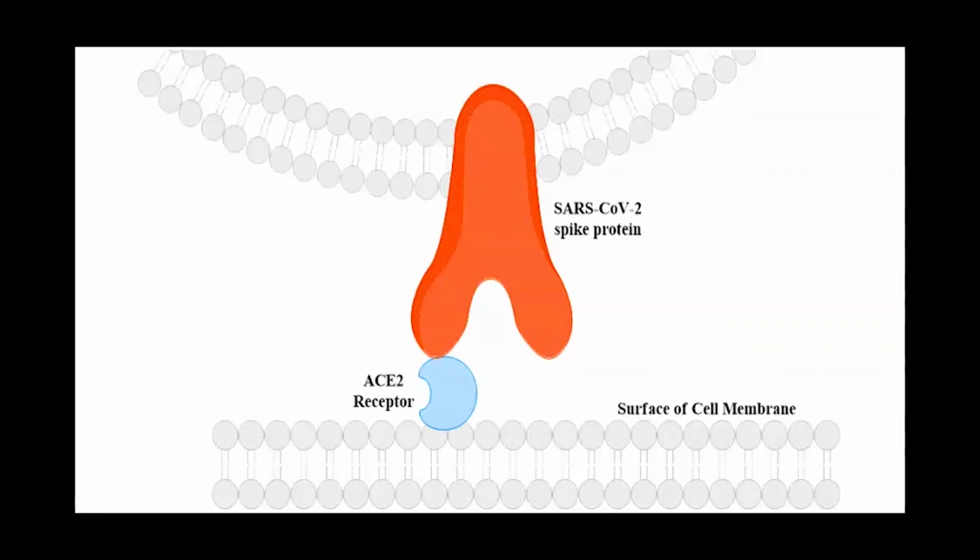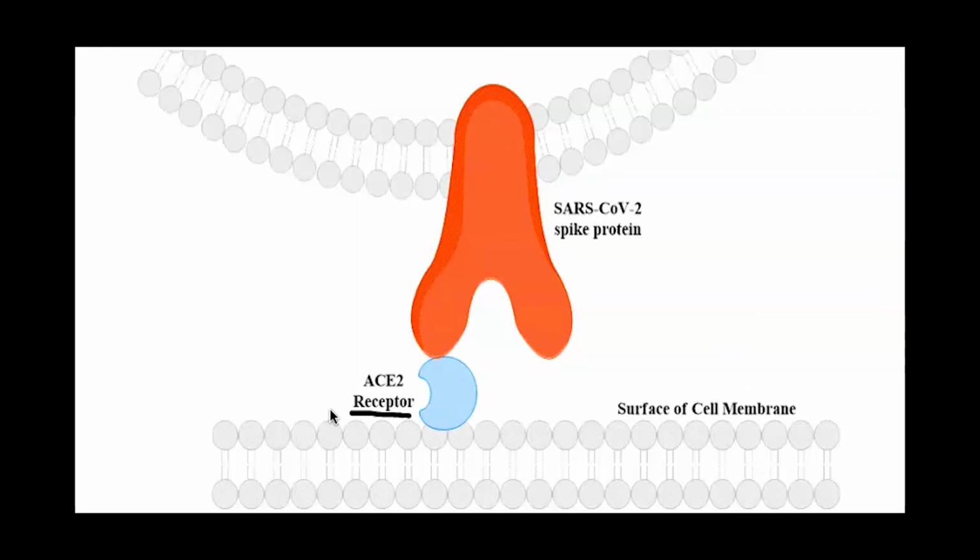Angiotensin converting enzyme 2, or ACE2, as it is sometimes called, depicted here in blue, is a membrane-associated protein that acts as a cellular entry receptor for SARS coronavirus 2. It is a specific protein that helps the virus infect human cells. In fact, scientists have demonstrated that SARS coronavirus 2 does not use any other receptors associated with the coronavirus family.